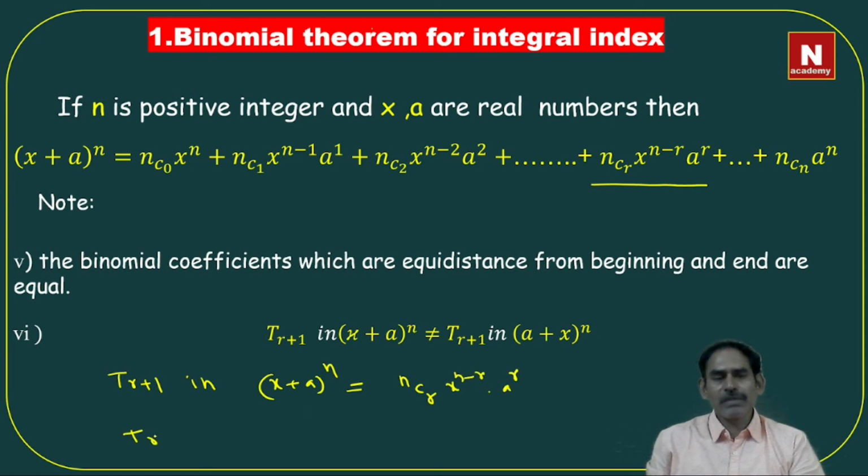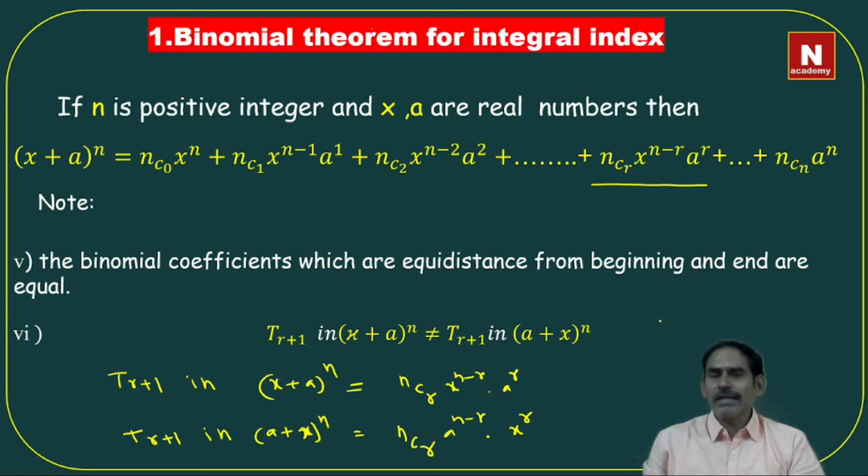But for T(r+1) in (a plus x) whole power n, just interchange x and a, substituting here, remaining as it is: nCr a power (n minus r) x power r. These two are not equal. That means even though (x plus a) whole power n and (a plus x) whole power n are both the same, their corresponding terms are not equal.